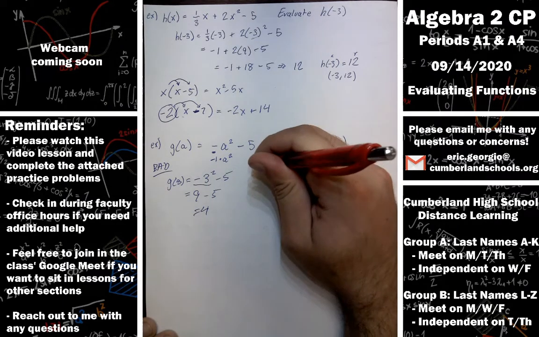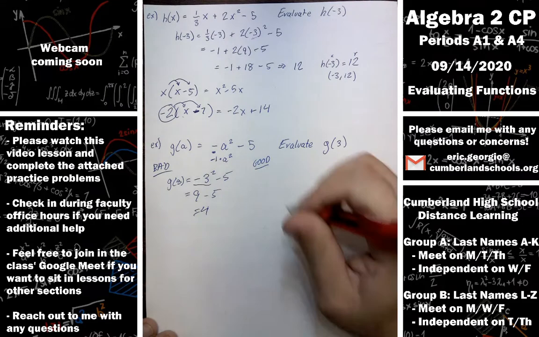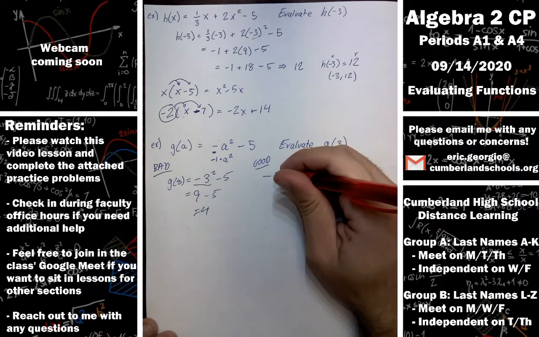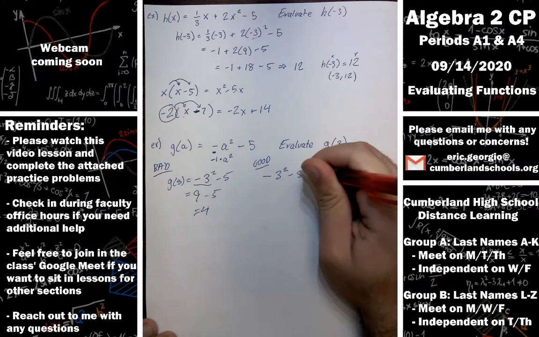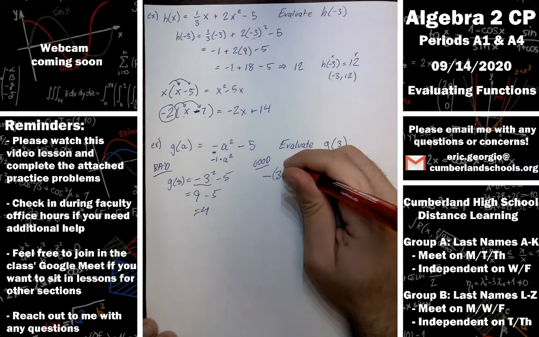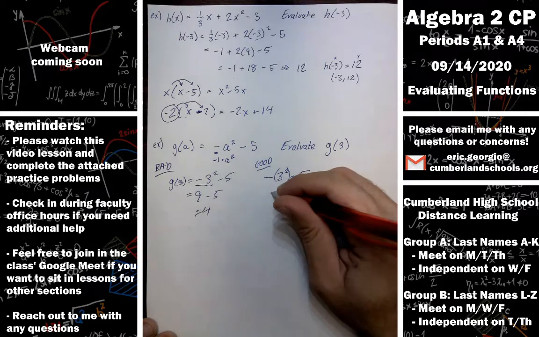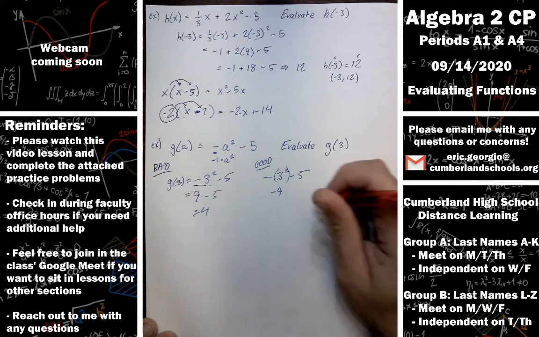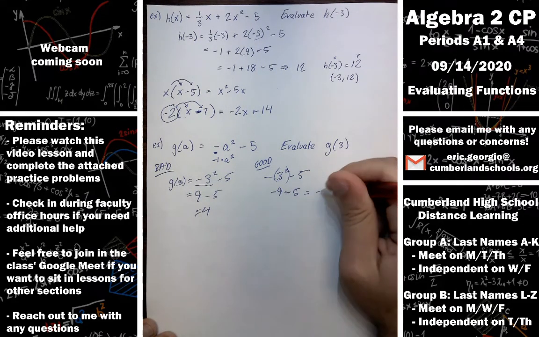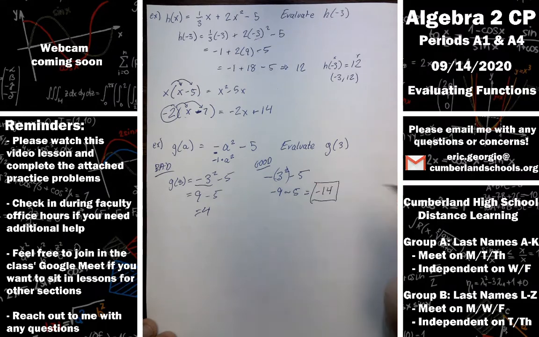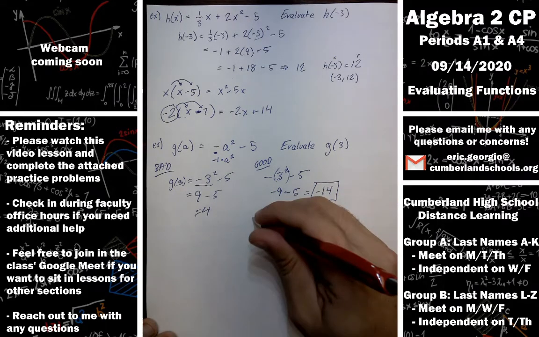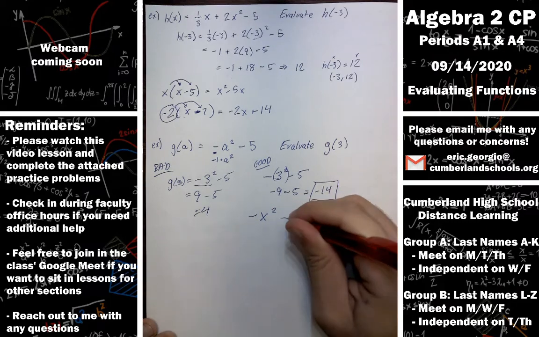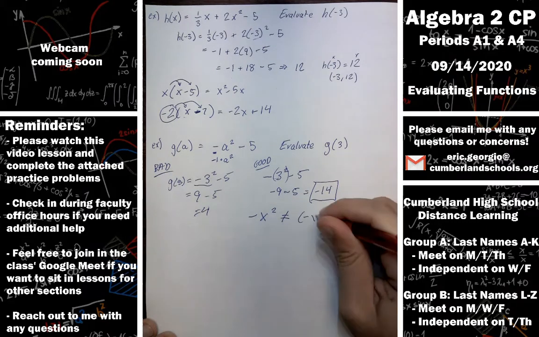The way to actually do this is you would say, well, this is the opposite of 3 squared minus 5. So 3 squared is 9, the opposite of which is negative 9, minus 5 comes down to negative 14. So do be very mindful of that. This is not the same necessarily as this.